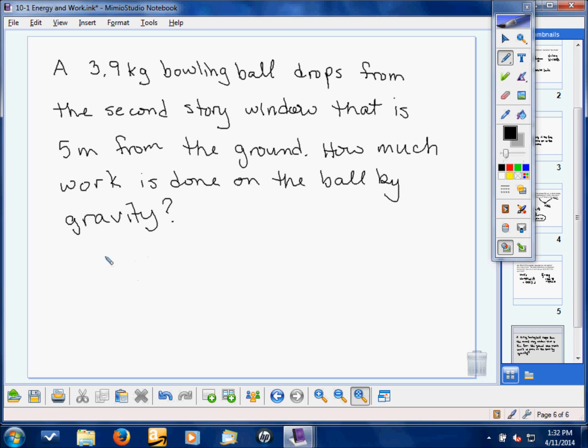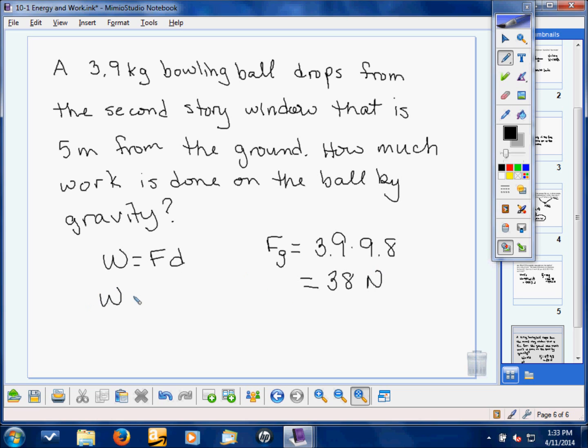So our work equals force times distance again, right? So our force is going to be Fg, so our mass is 3.9, multiplied by 9.8. So 3.9 times 9.8 gives us 38.2, or about 38 newtons.